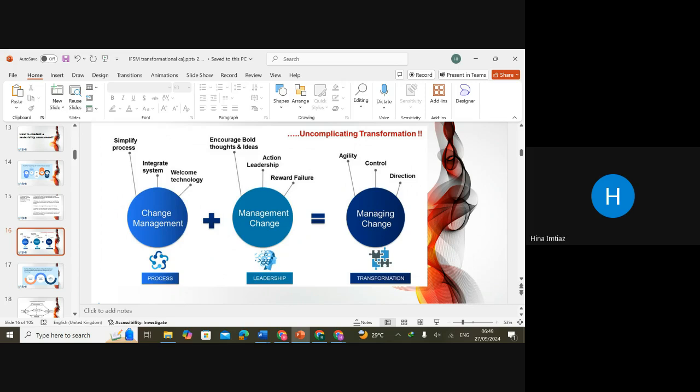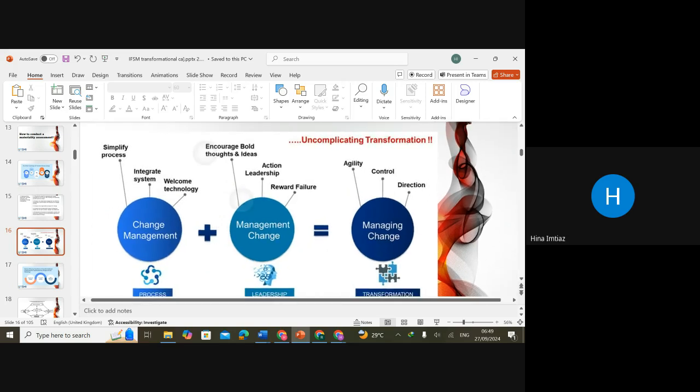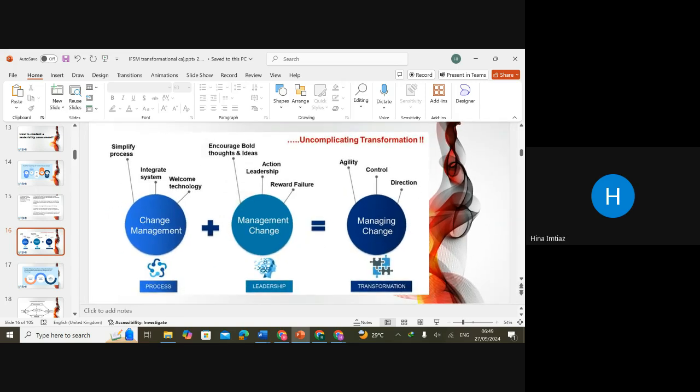For that, if you want to change the leadership, if you want to change in management, the leadership must be very encouraging. They have to encourage their team, each and every member, and the leader must be honest, and they will treat each and every employee according to equality, according to merit, and their thoughts and ideas are quite innovative and constructive.